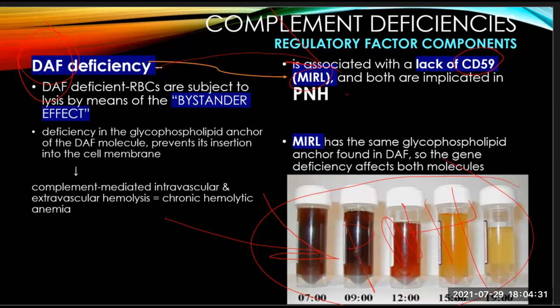Kasi ano yung MERL? CD59 has the same glycophospholipid anchor found in DAF. So the gene deficiency affects both molecules. So DAF deficiency, also walang CD59. Anong resulta? PNH, paroxysmal nocturnal hemoglobinuria.